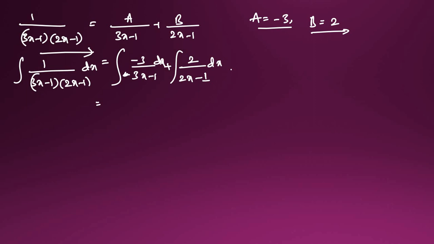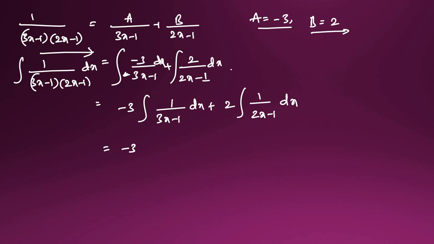3 is a constant here, so I write minus 3 outside of the equation. It becomes integral of 1 by 3x minus 1 dx, and plus 2, which I write outside, times integral of 1 by 2x minus 1 dx. So integral with minus 3 becomes log of 3x minus 1 divided by 3.